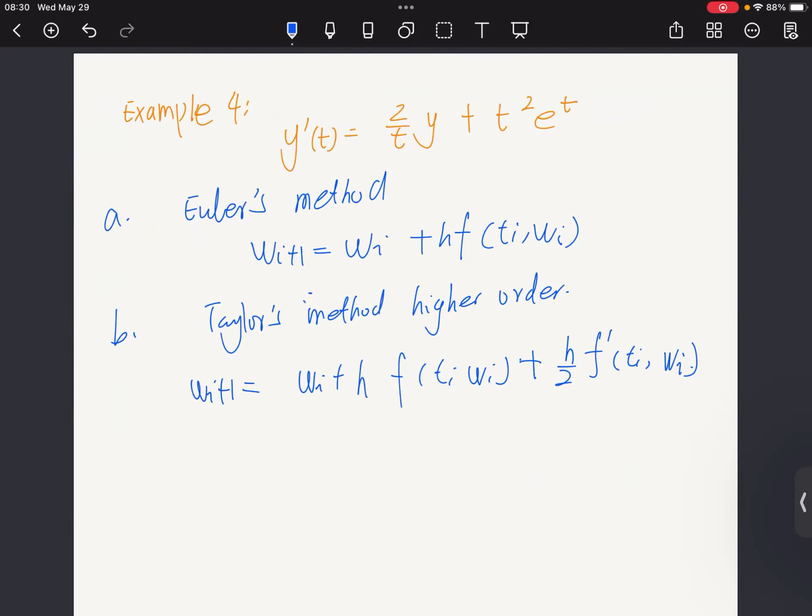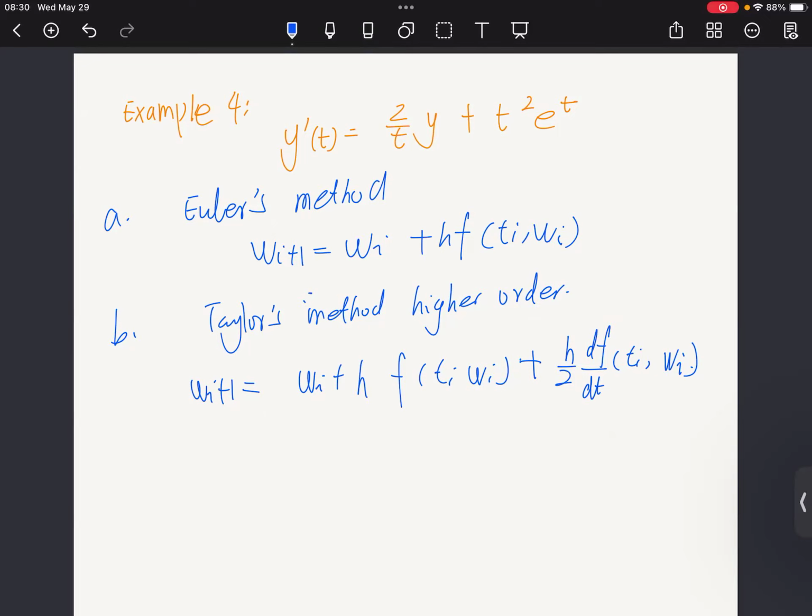You will figure out that we need to calculate the first derivative. This notation is quite confusing, the textbook notation is quite confusing, so I am going to use df/dt here to specify this is the derivative with respect to the t variable.